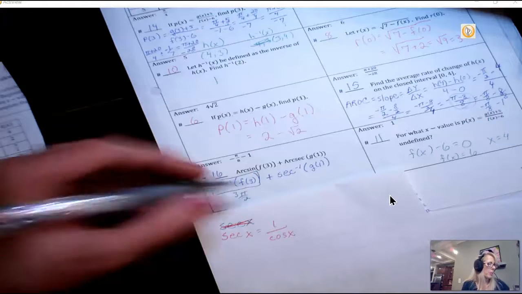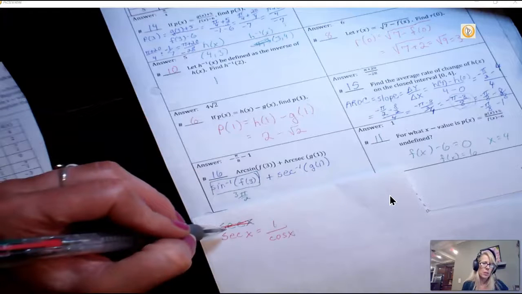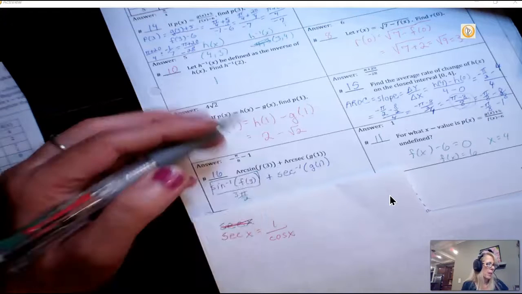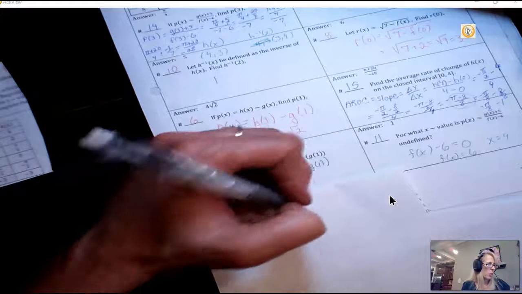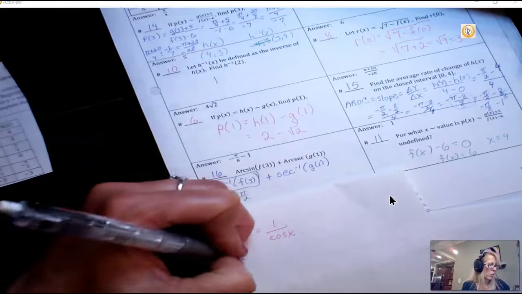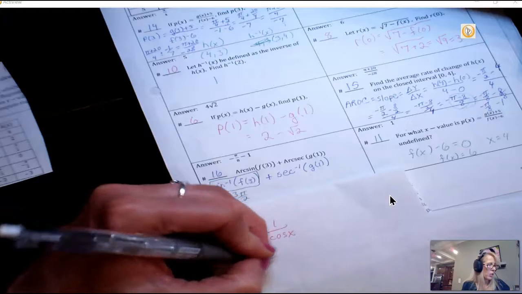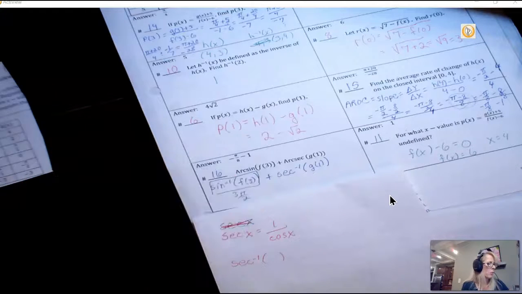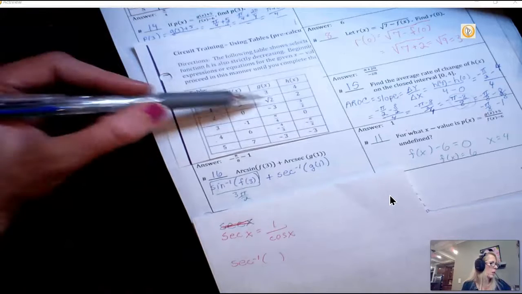And remember when you've got the inverse function, that's just flipping things around. So let's go ahead and figure out what is g of 1, because what we're looking for then is the inverse function of g of 1. So 1 square root of 2.